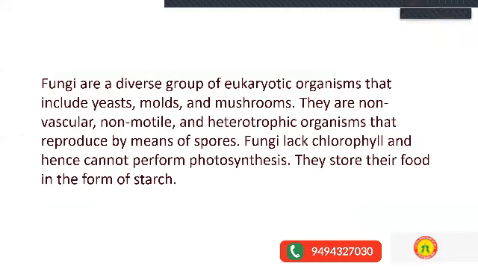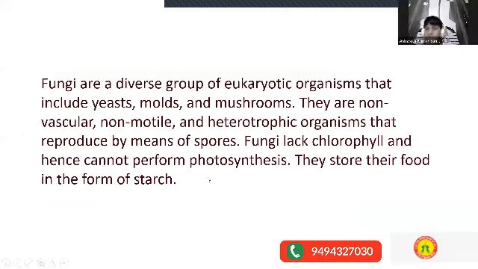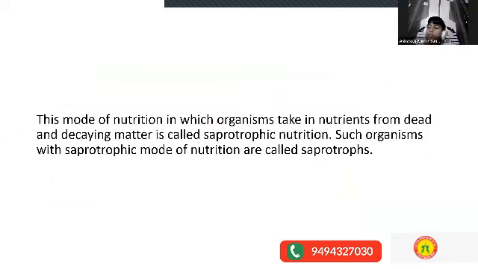Ma'am, my network was not stable when you explained saprophytes. Can you explain it again? So we spoke about two things, saprophytic nutrition and saprophytes. The mode of nutrition in which organisms take nutrients from dead and decaying matter is called saprophytic nutrition.